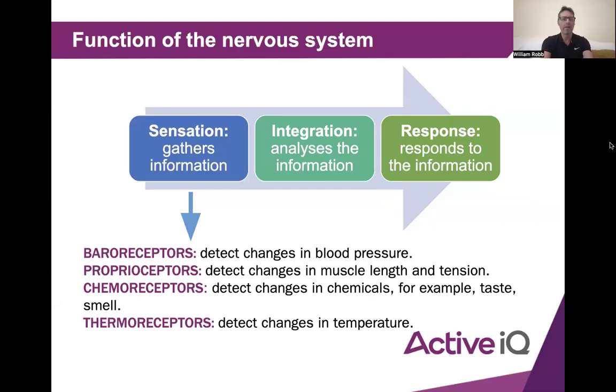Okay, so for example, if I want to pick up my cup and have a drink, first of all, my brain will gather the information. Am I capable of lifting my cup? Is the liquid going to be warm? Are there any dangers from my seated position to the cup? Can I see the cup correctly? So my brain is gathering all of this information.